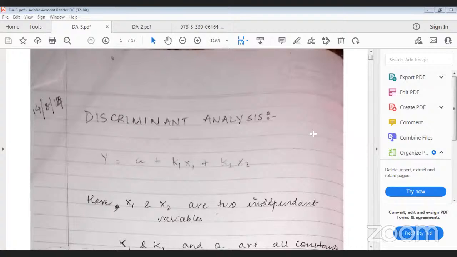This particular material I will also share afterwards. I think all of you have got the rest of the material.